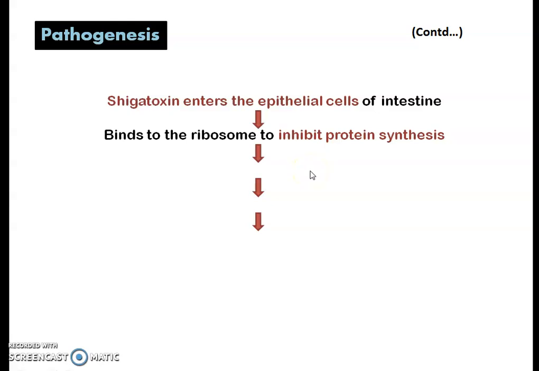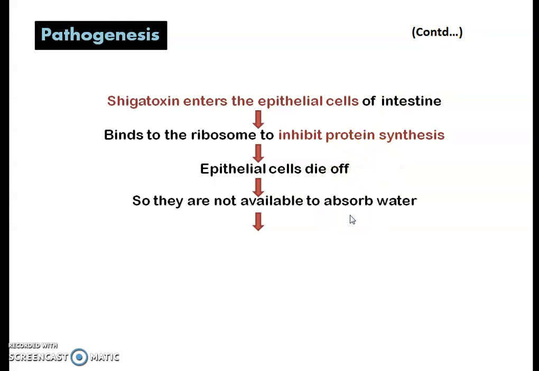Since the ribosome is involved in protein synthesis, they can inhibit it. As protein synthesis is blocked, the epithelial cells die off eventually. So they are not available to absorb water. The epithelial cells which are responsible for absorbing water die off, and they are not available for absorbing water.